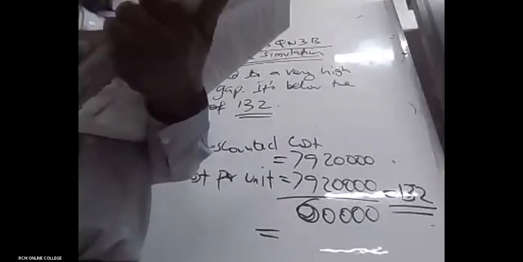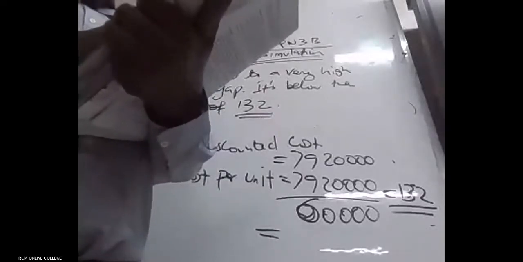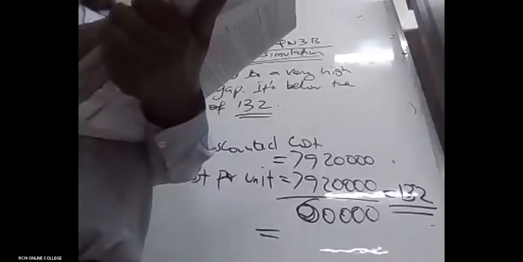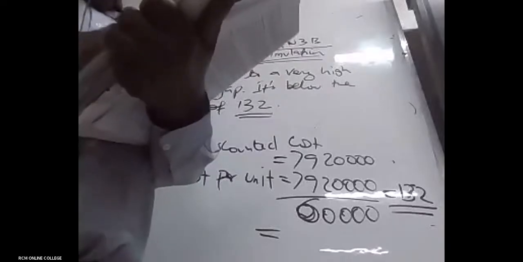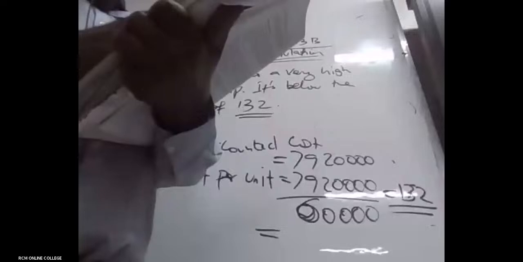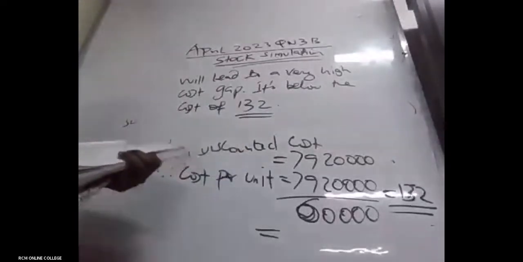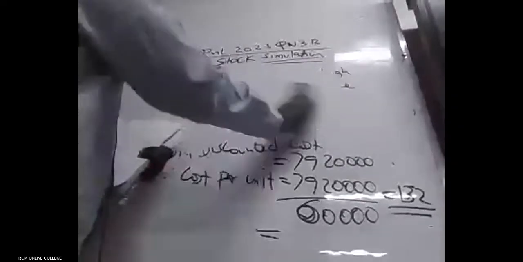But the finance director believes this will not cover all projected costs. And our projected costs are how much here, somebody? 132. So for sure, there is no way this selling price of 120 will be able to cover a cost of 132. So you're going to have a huge cost gap.